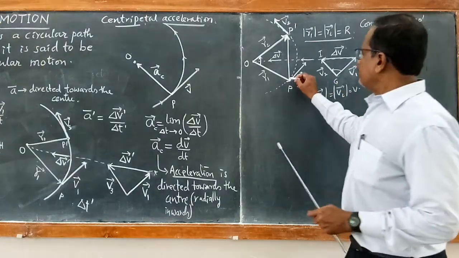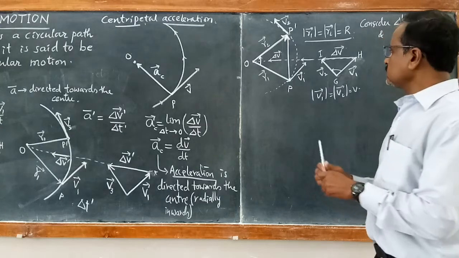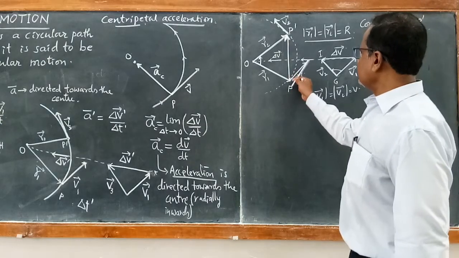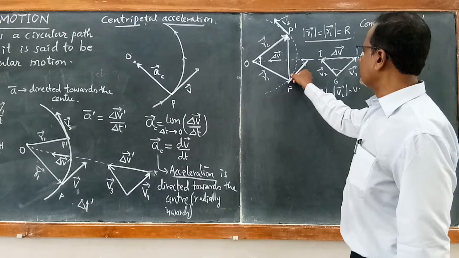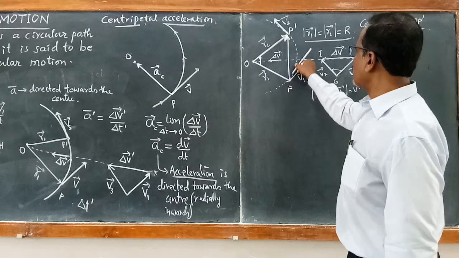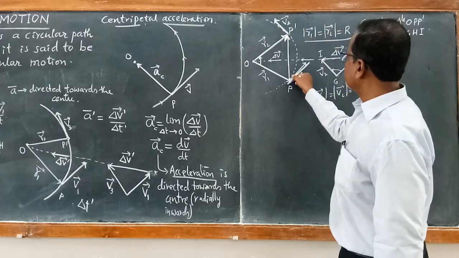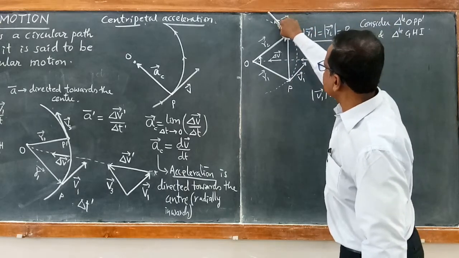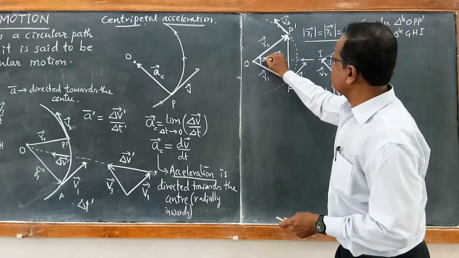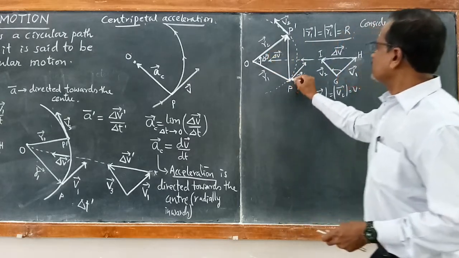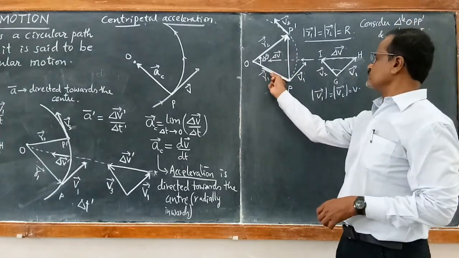Earlier the velocity vector at the point P is along v1. When the particle has gone to this point P dash, the same velocity vector v1 has turned through a certain angle. The angle through which it is turned is the same as the angle through which the radius vector is turned.